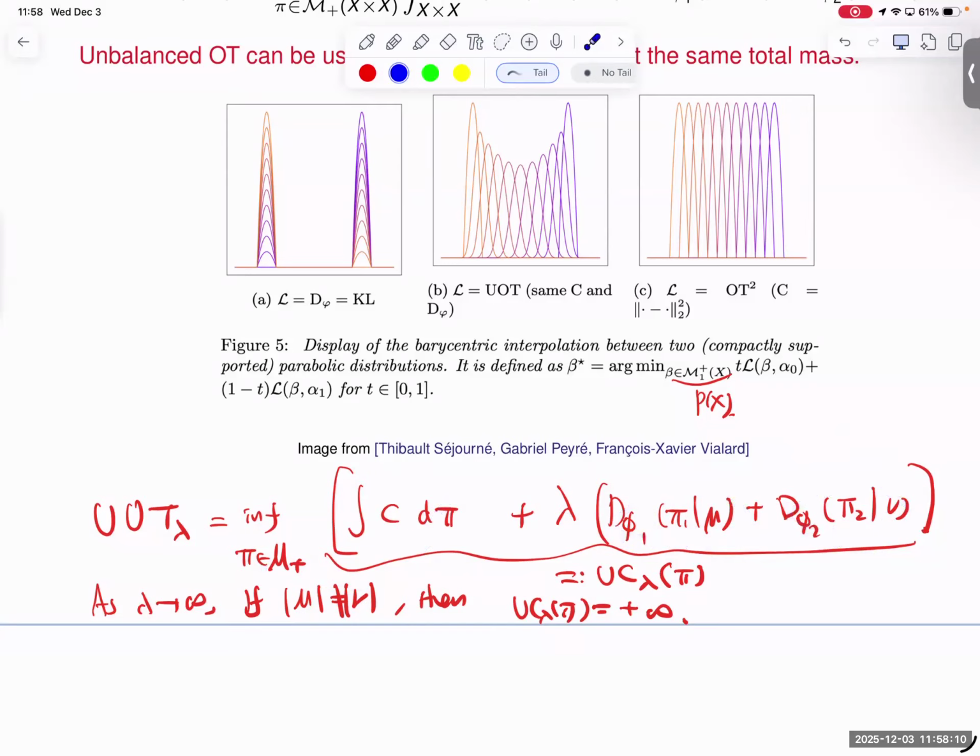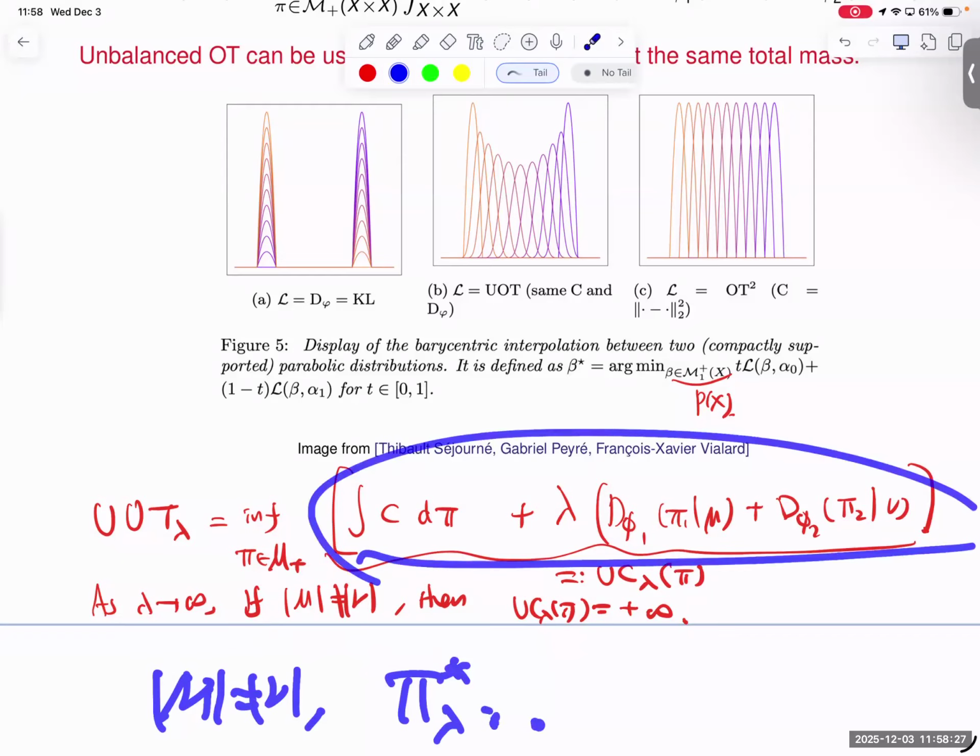And James' question is whether in such a case, the optimal transport plan pi lambda converges to the usual optimal transport plan, when mu and nu have the same total mass. Okay, I believe that they did some work, but I think it should be. At least there's no obstruction to having that.